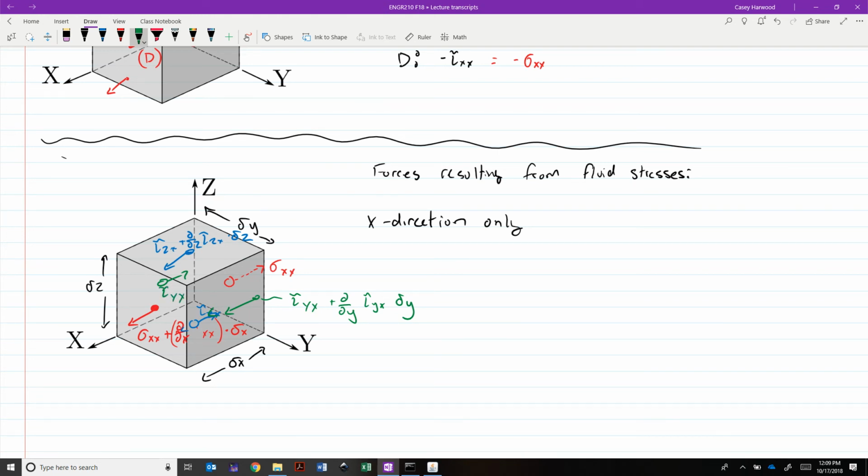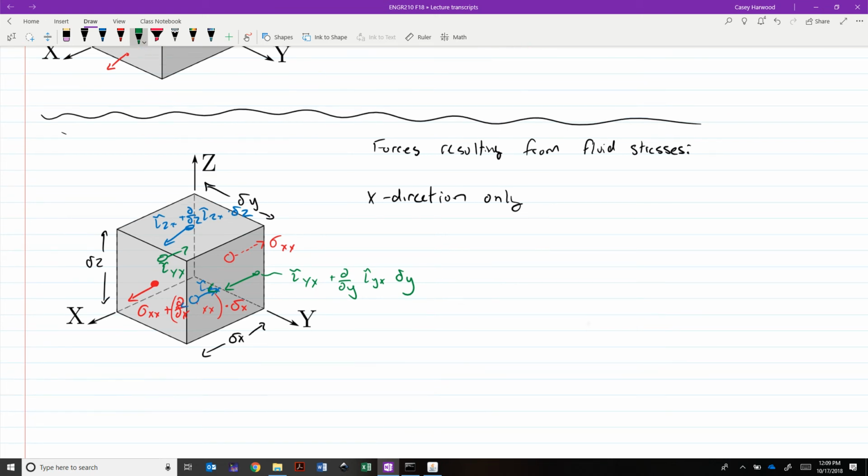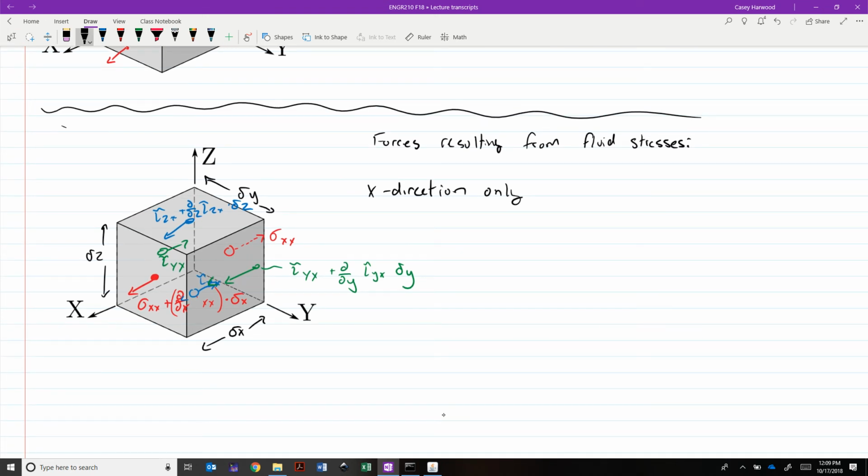Okay, so we basically said we've got sigma xx, tau zx, and tau yx acting on the faces that all have coordinates of 0. And then if we took a first order Taylor series expansion to extrapolate those out to the faces that are delta x, delta y, or delta z away from the origin, that's how we would write it, using a Taylor series expansion.